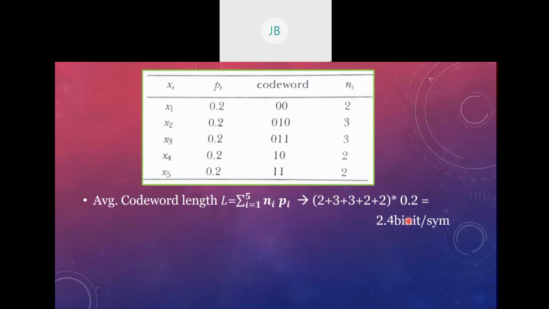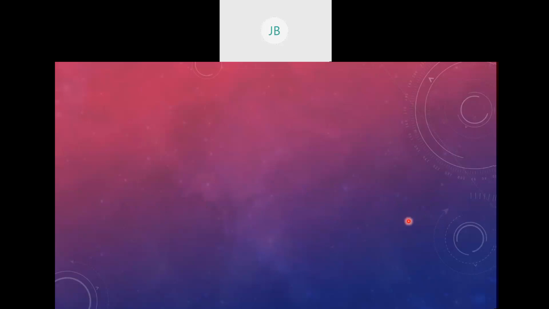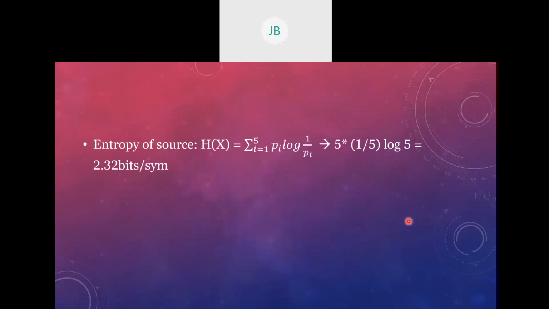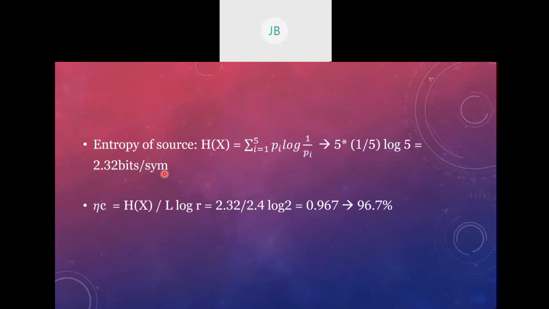2.4 bits per symbol. And then we need to find the entropy of the source. The entropy is given by this equation, summation of Pi log 1 by Pi. So that is straightforward here, 2.32 bits per symbol. And finally, we find the coding efficiency, which is H of X divided by L log R. Again, we use a binary coding.